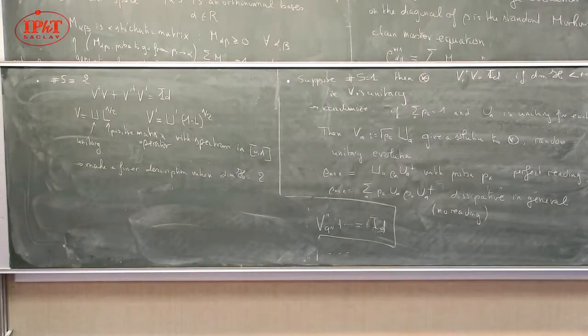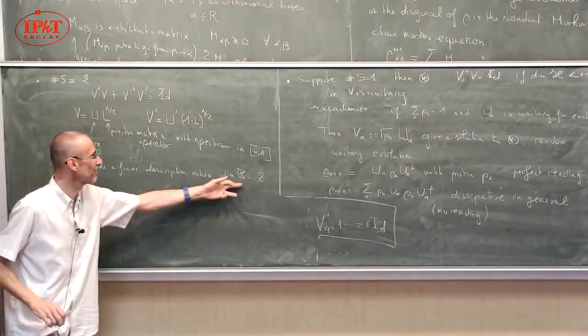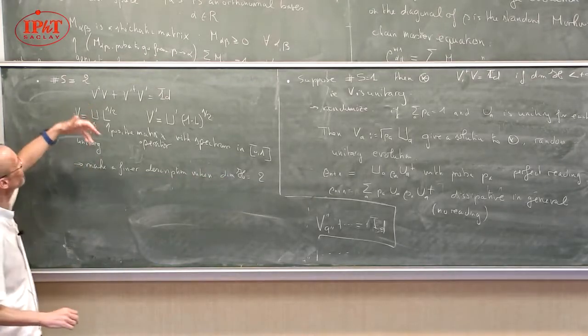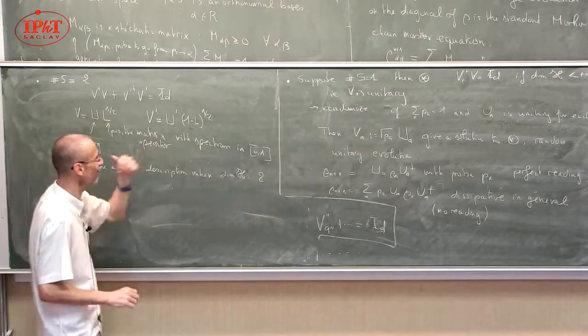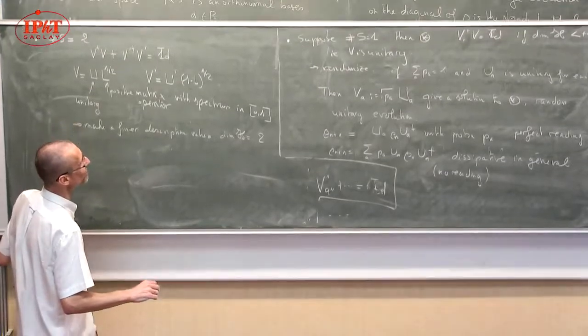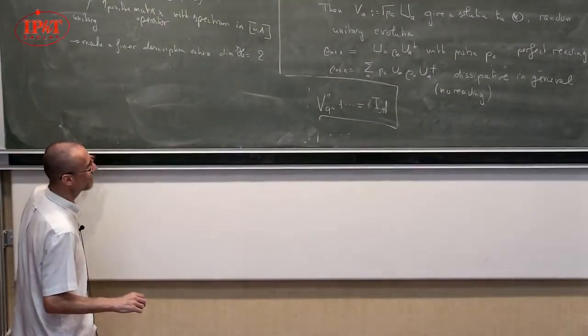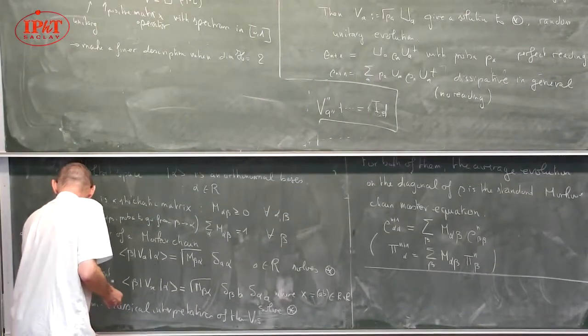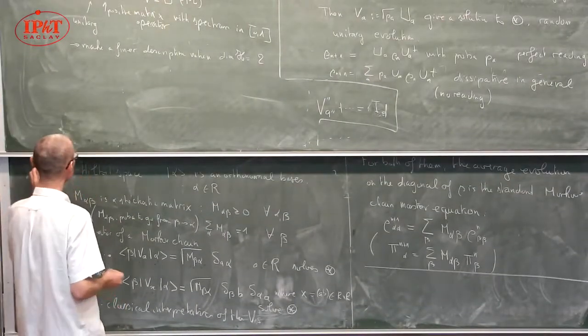Because if the dimension of h is equal to 2, you can also describe unitary matrices explicitly by explicit formulae, so this is really easy. Okay, so now we can turn to something which is maybe more fun.